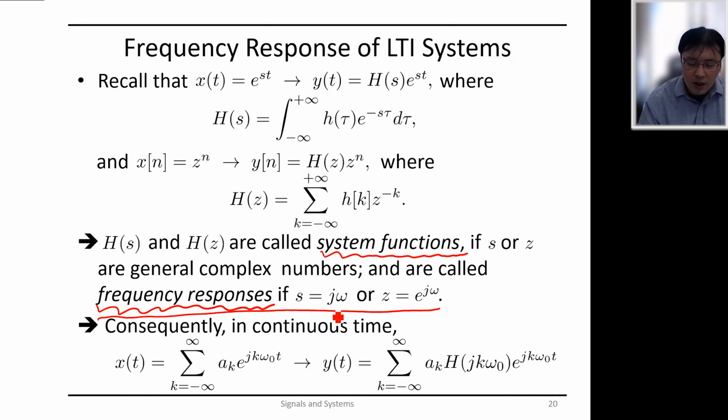Consequently, in continuous time, if your signal x of t can be represented as a linear combination of these complex exponentials with pure frequency components, then the output y of t would be a linear combination of the same harmonically related complex exponentials, with the gain altered by h of j k omega naught, where k omega naught is the corresponding frequency of the complex exponential.